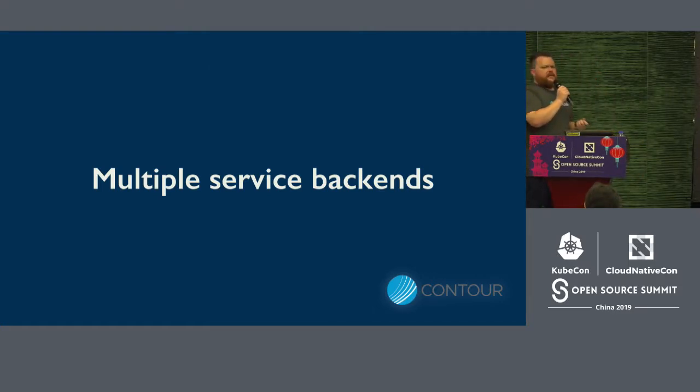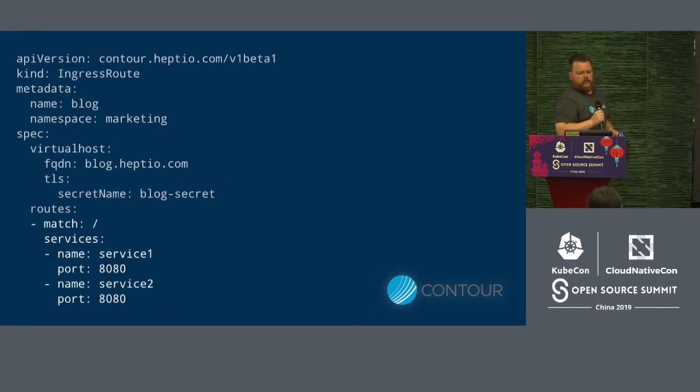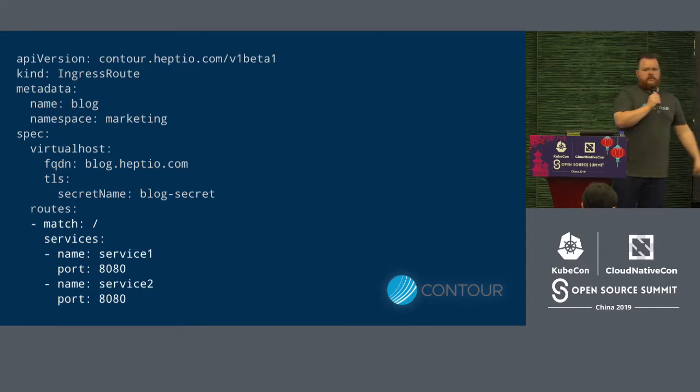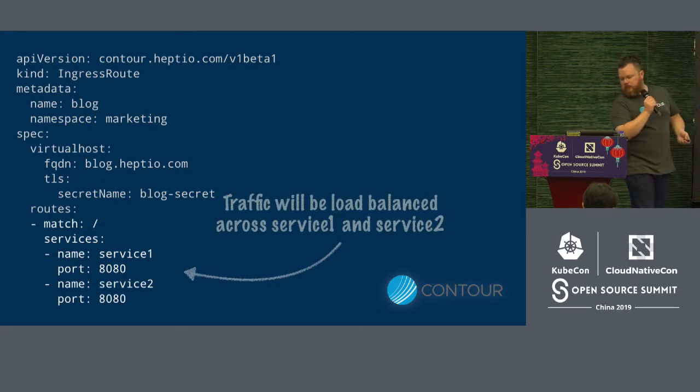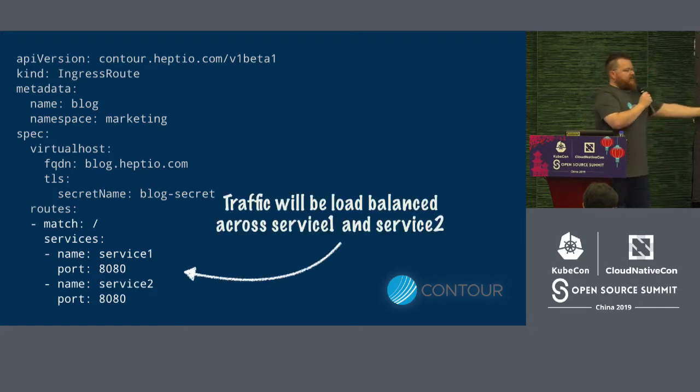The Kubernetes Ingress document limits routes to a single backend service. But because we define our own CRD, we can change the rules. In this example, we have 2 services. So there's going to be roughly equal weighting between those.